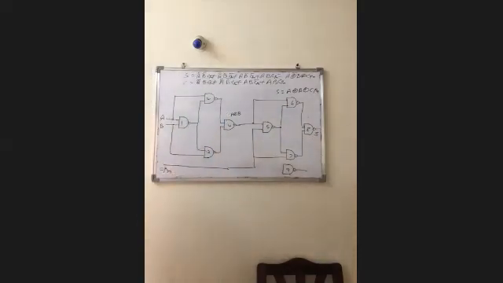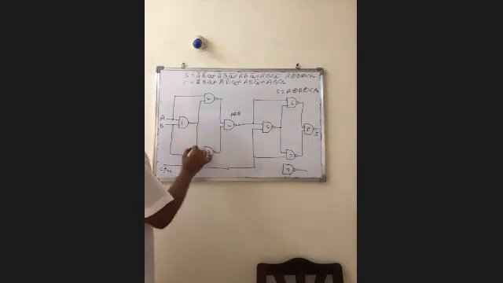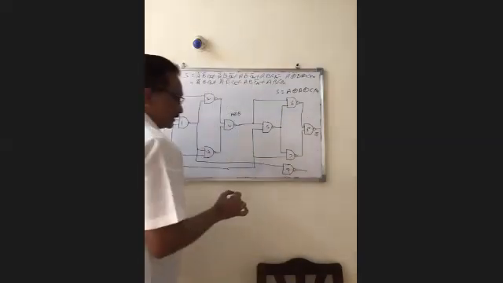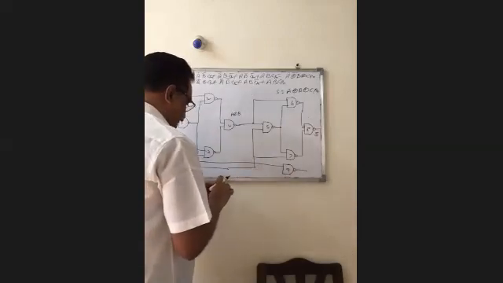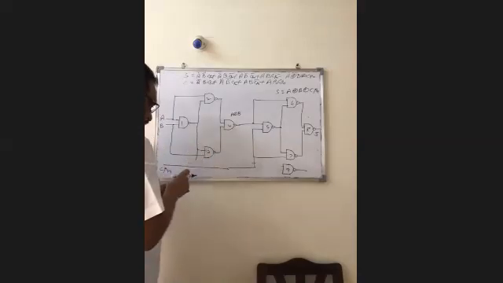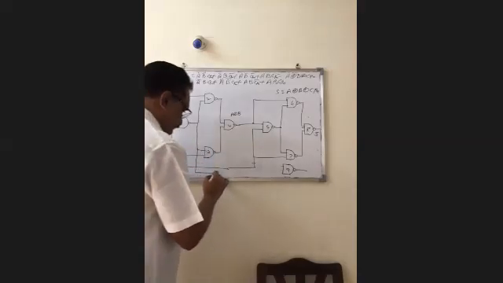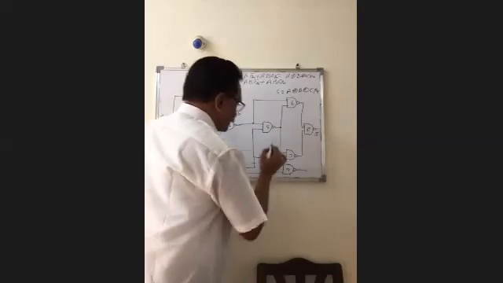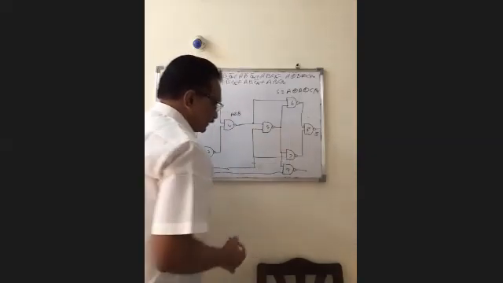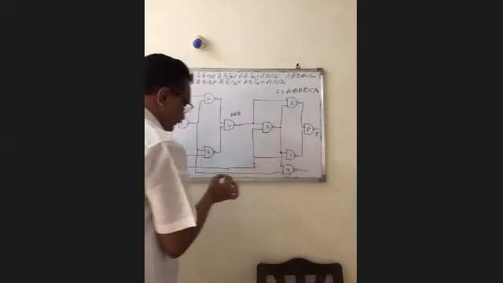For the 9th NAND gate, the output of NAND gate 1 is one of the inputs. So this one. And the second input is the output of NAND gate 5.